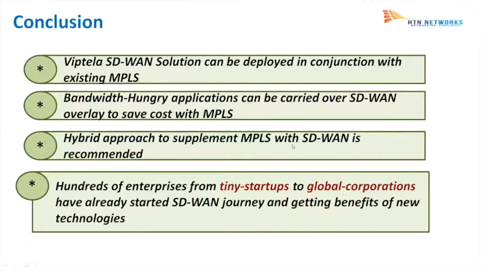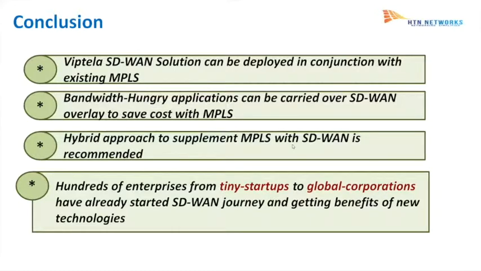The companies are not ready to completely remove their dependency on MPLS. I have read somewhere that according to a survey, 78% of the organizations deploying SD-WAN have no plan to completely drop MPLS from their WAN. So they want to keep MPLS.